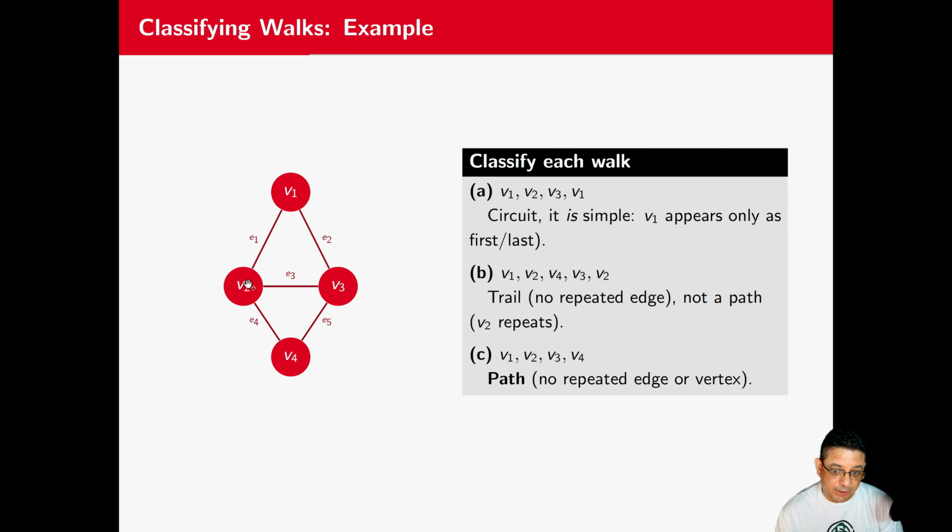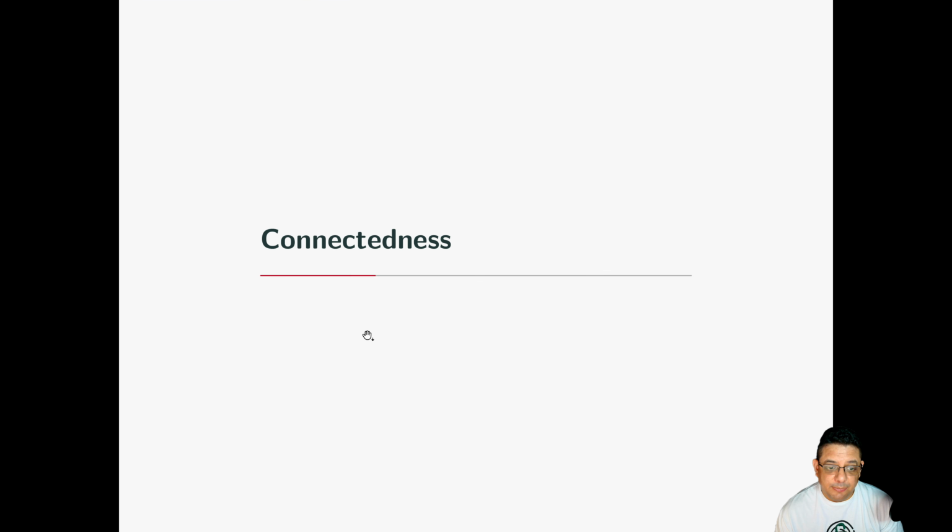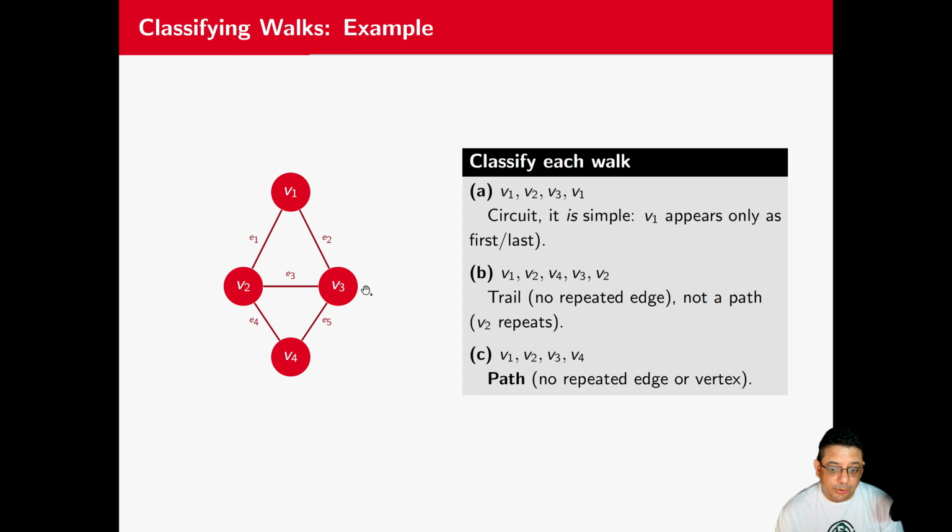It's not a path because V2 repeats. Now, if we do V1, V2, V3, V4, so we're doing a zigzag here, this is a path because it has no repeated edge or vertex. Notice that it's very important to remember all these definitions and conditions because that will help you classify and understand each of these particular walks.